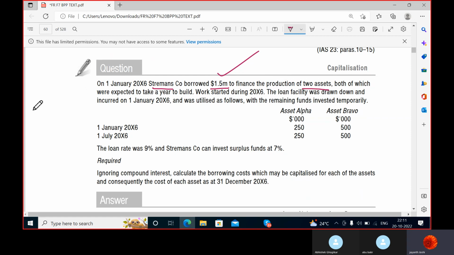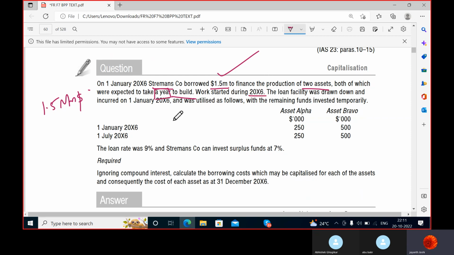They want to make two assets, both of which were expected to take a year to build. That means the substantial period of time is 1 year.